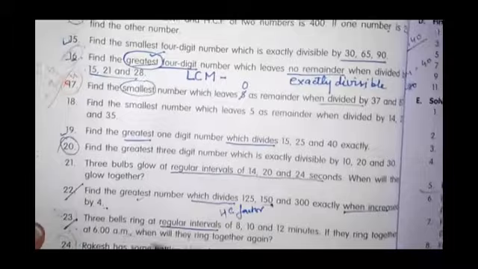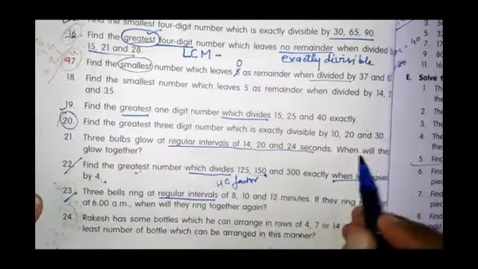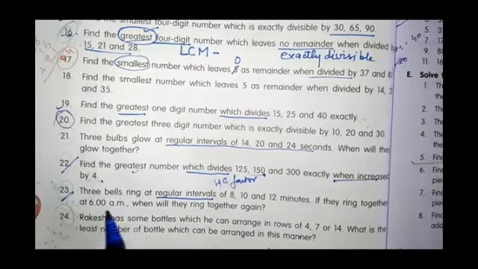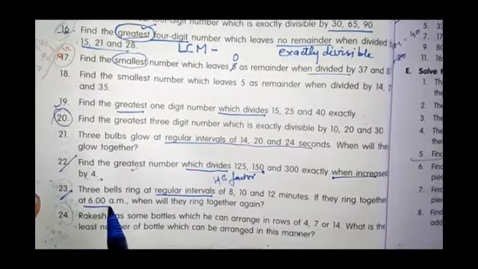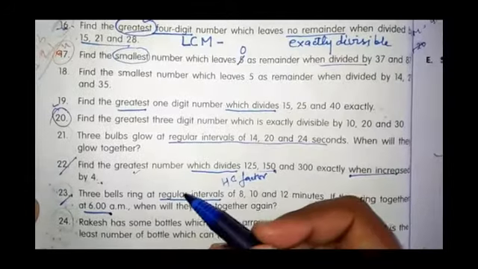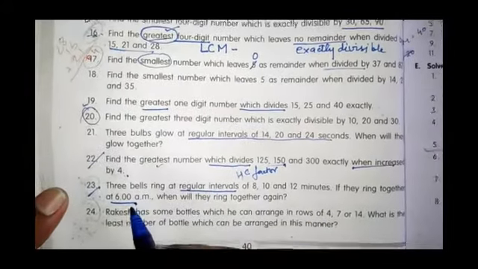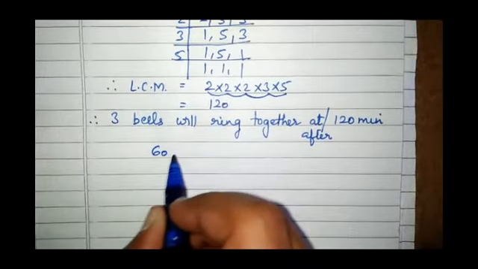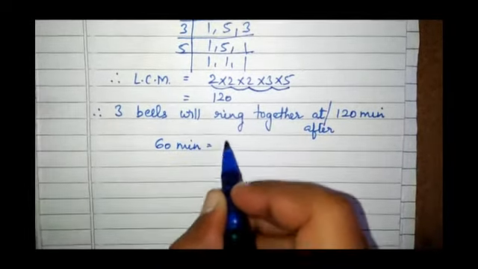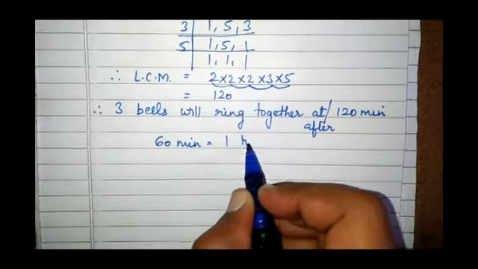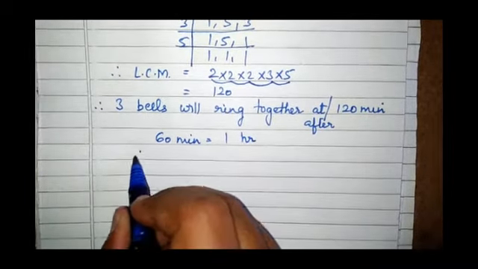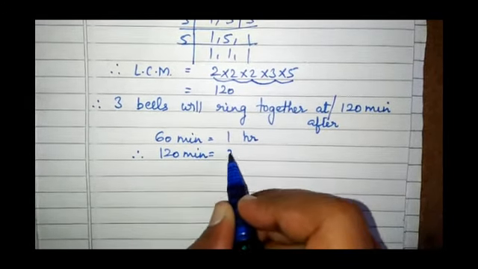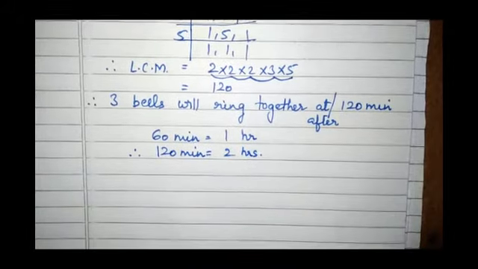In question number 21 it was asked when will they glow together, but in question 23 the question is asking if it was ringing at 6 a.m., now again when will they ring together? So after 120 minutes. Now you all know that 60 minutes is equal to 1 hour. So 120 minutes means 2 hours, right?